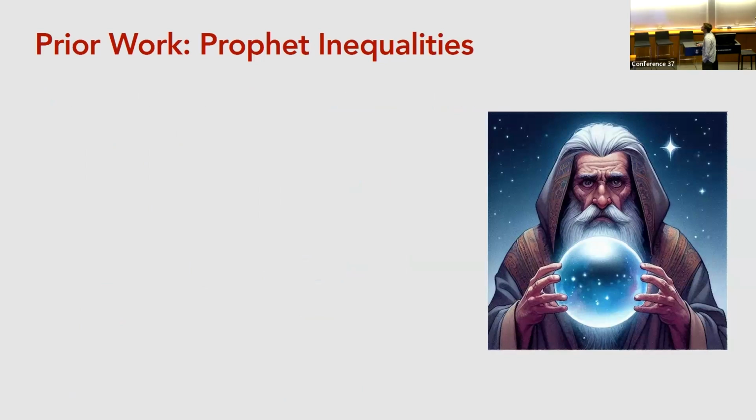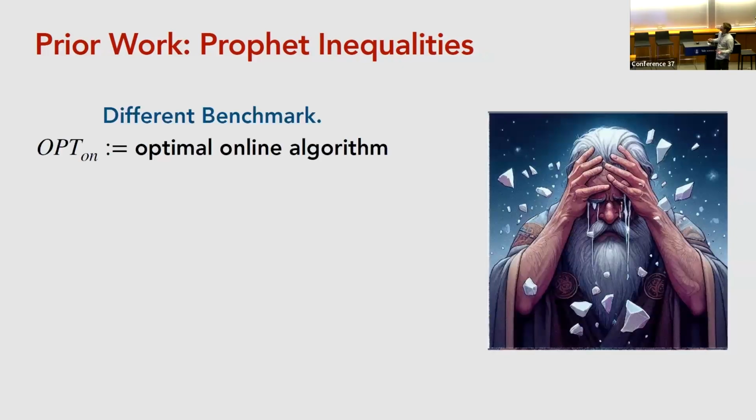So in some sense, to make some progress, the issue is that this prophet with his crystal ball that can look into the future is too strong. So we consider a different benchmark. In particular, we considered the benchmark of the optimal online algorithm, which breaks this crystal ball.